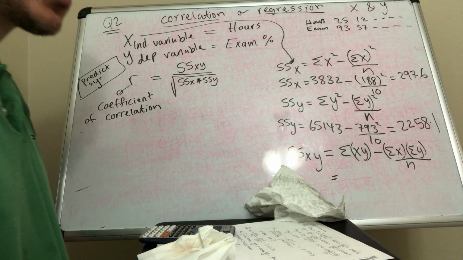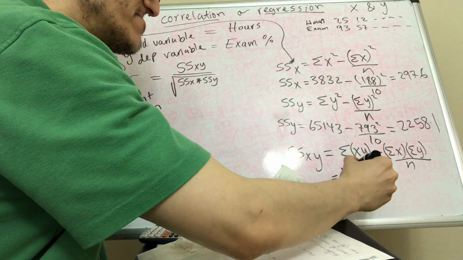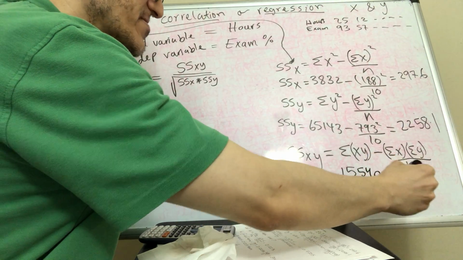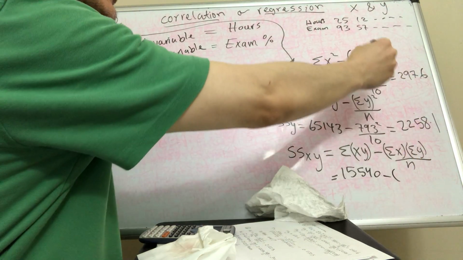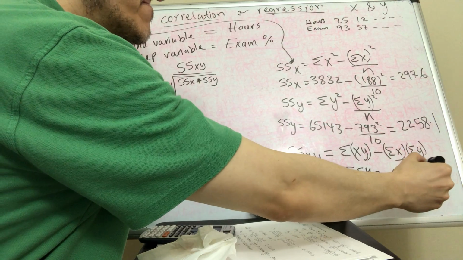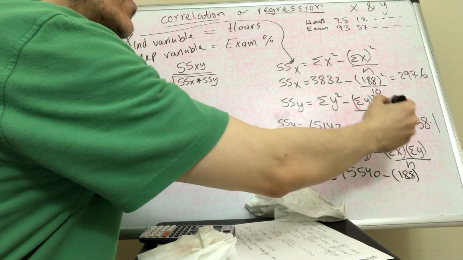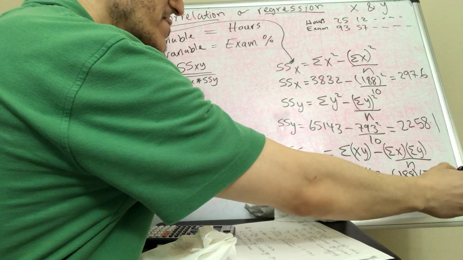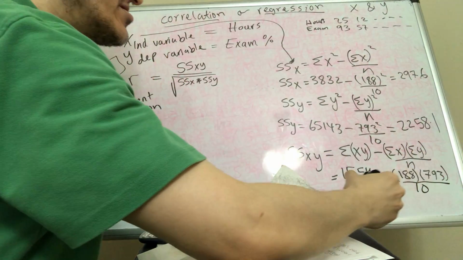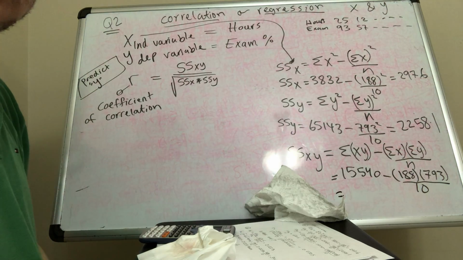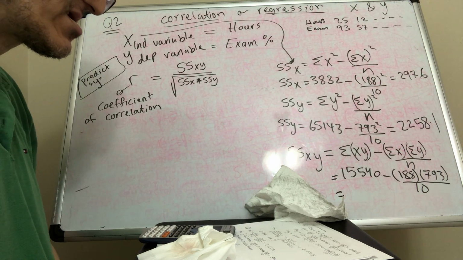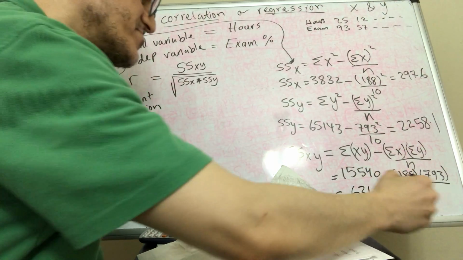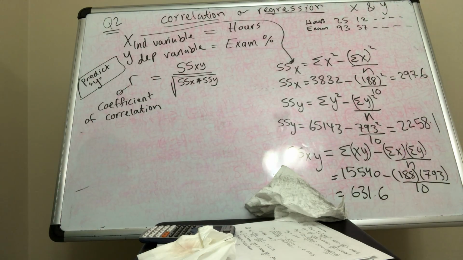That's your sum of x, y. Did it? 15,540. Sum of x is the 188. Sum of y is the 793. And there are 10 students. Your SSXY is 631.6.